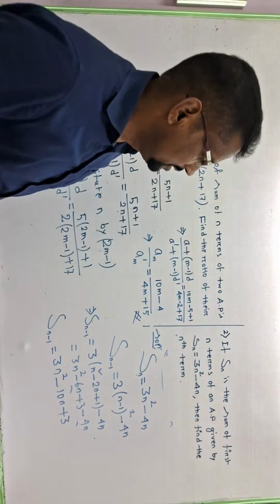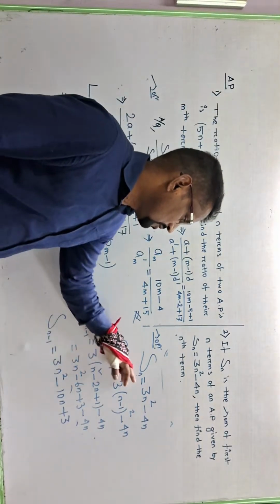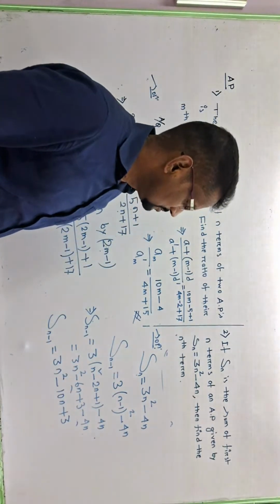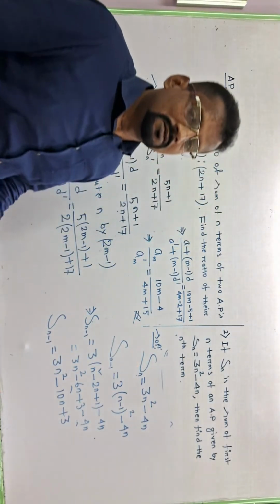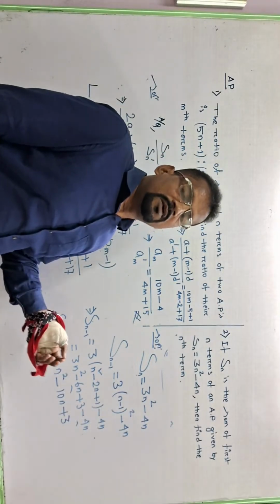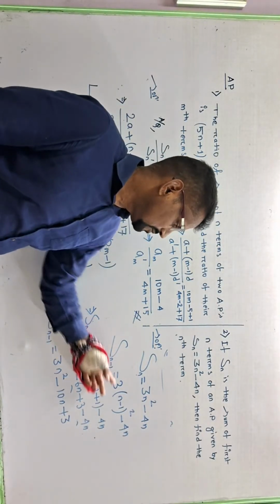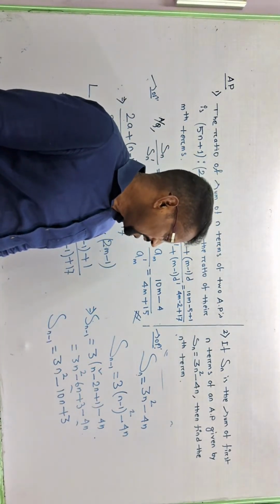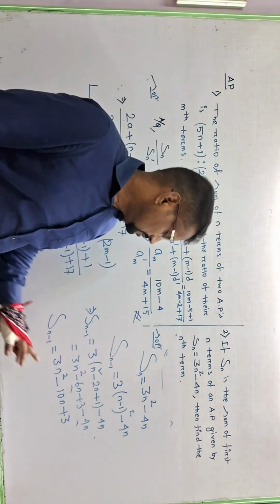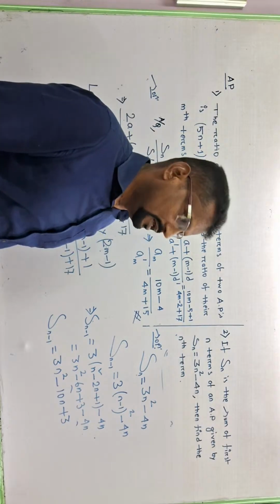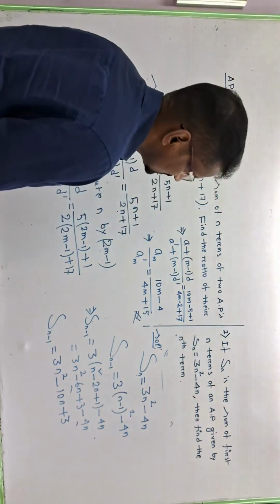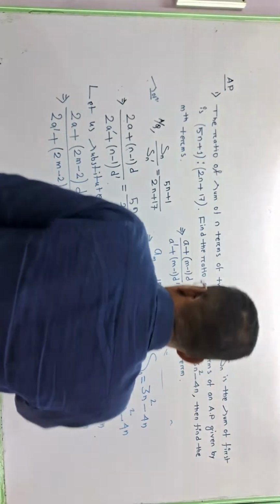Let me repeat the steps. Sum of n terms was given to you. In place of n, you replace n by n minus 1 to get the sum of first n minus 1 terms. And if you subtract this from Sn, you will get the nth term, that is an. Let me write here.